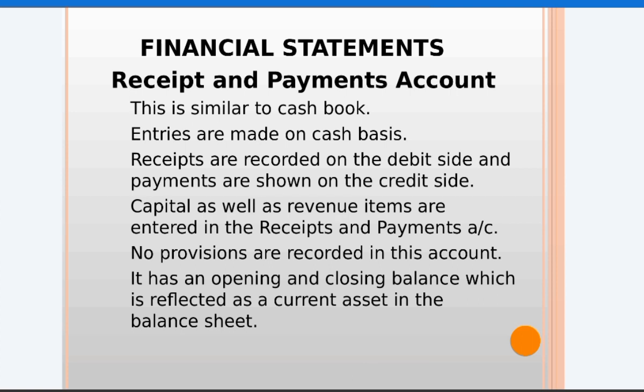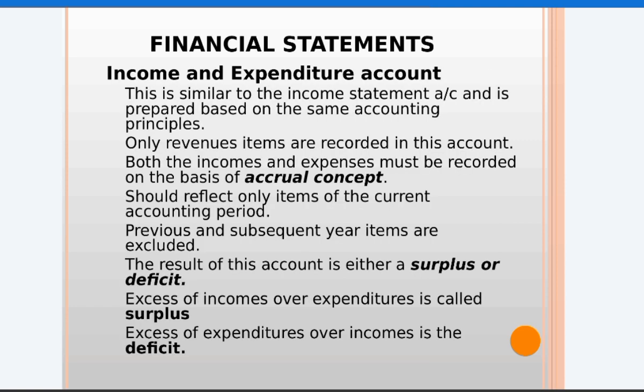And if it is going to have a debit balance, then we are going to treat it as a current asset. So that is the receipts and payments account. Let us look at the income and expenditure account. As we said, the principles that we use for preparing the income statement of a profit-making organization are the same principles that we are going to use in preparing the income and expenditure account.